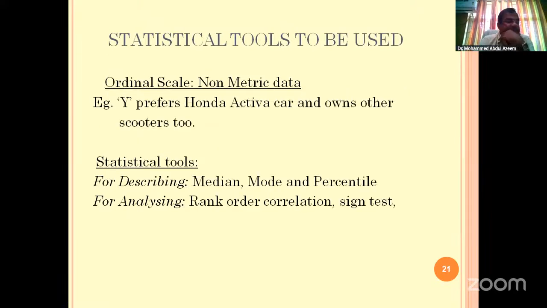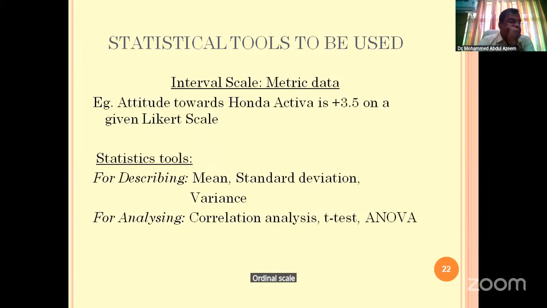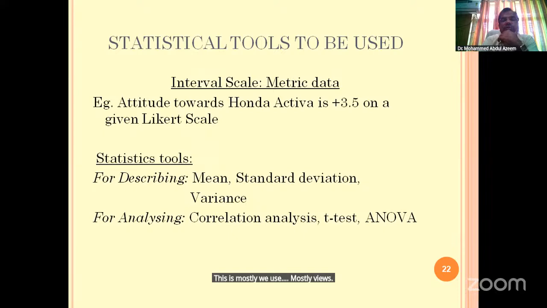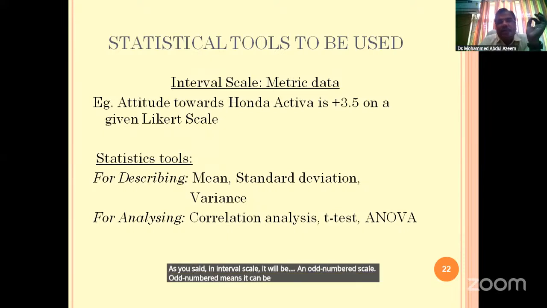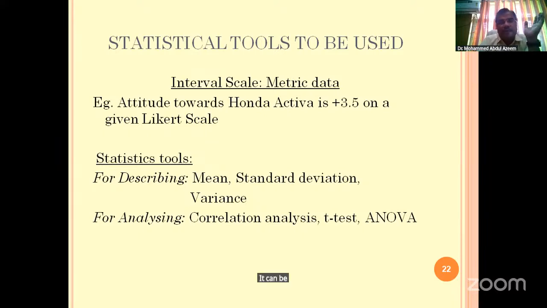for ordinal scale. Then next comes the interval scale. This is mostly what we use. As you said, in interval scale, it will be an odd numbered scale. Odd numbered means it can be 3 point, it can be 5 point, it can be 7 point, it can be 9 point, it can be 11 point.